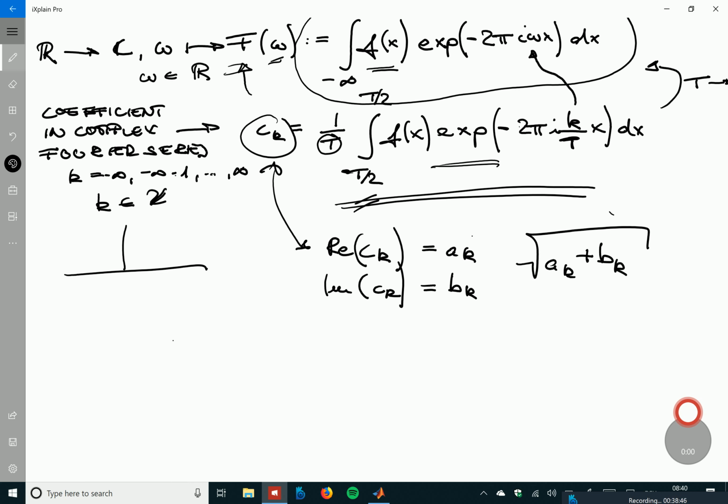So functions like this, if this is f, or functions like this. You can find explicit formulas then for the Fourier transform. It's interesting, but it's not something that you will encounter in data analysis often.